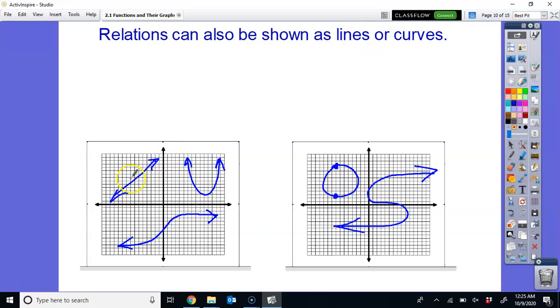Notice when I have lines or curves, when we think about the x values and the y values, when I have a line, that x value and that y value continue forever. That means it's going to touch all the x's and all the y's. That's going to change when I'm talking about things like the domain and range. But if I do just a small line segment, that's going to have a starting point and an ending point.